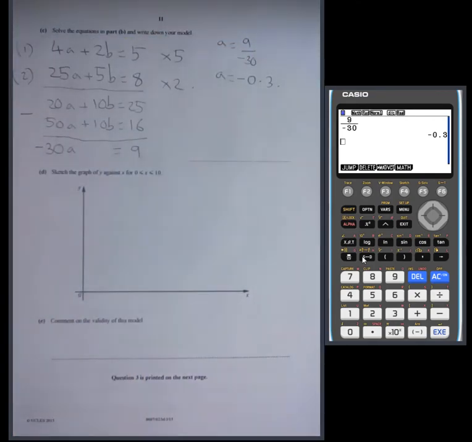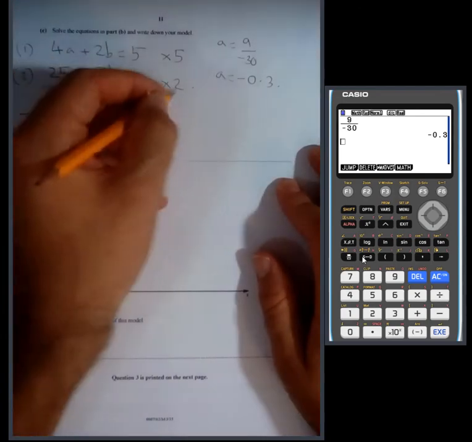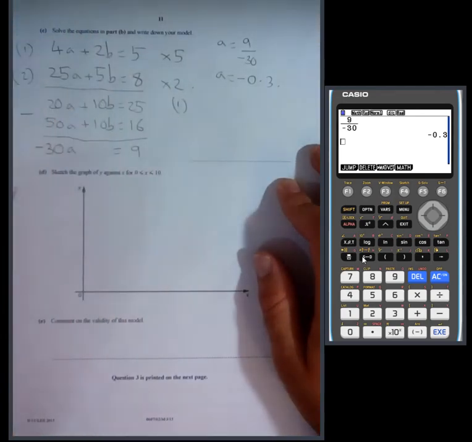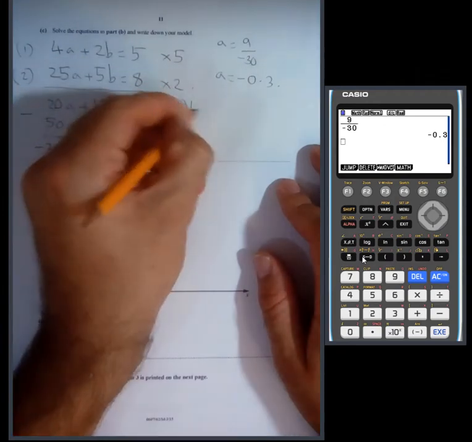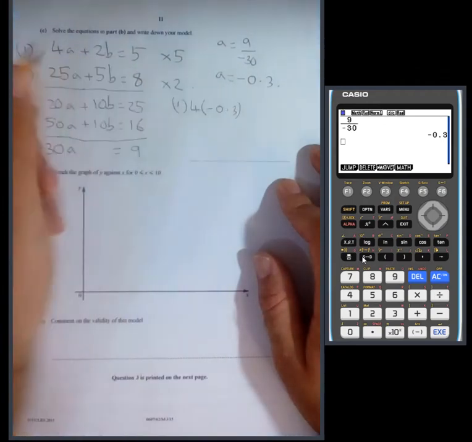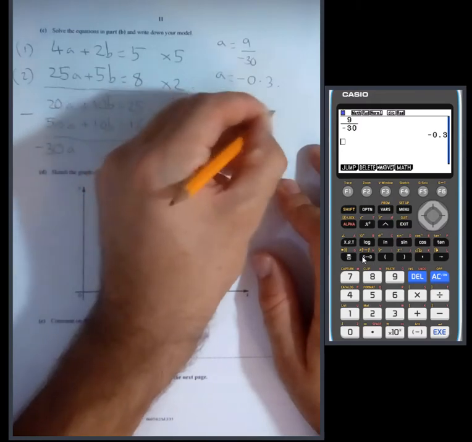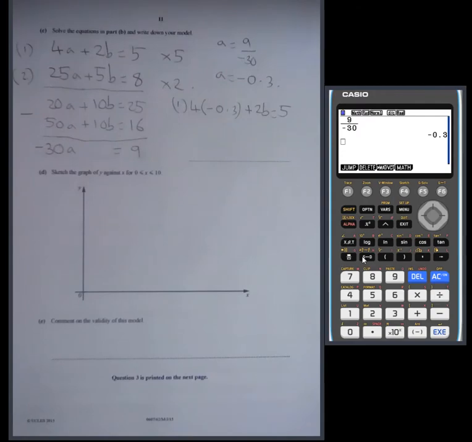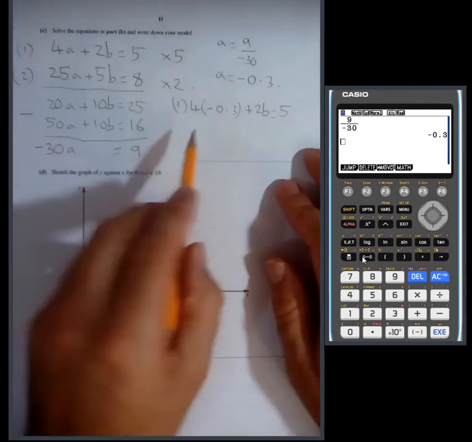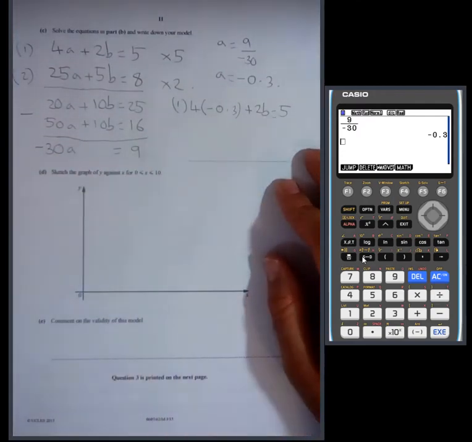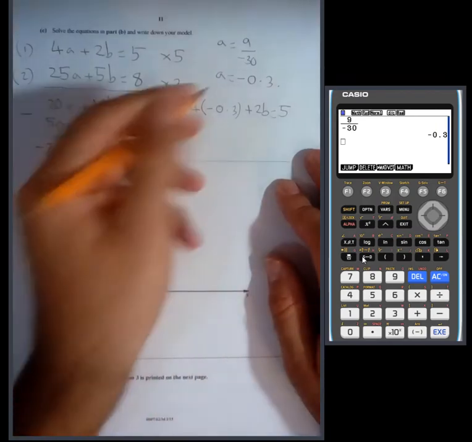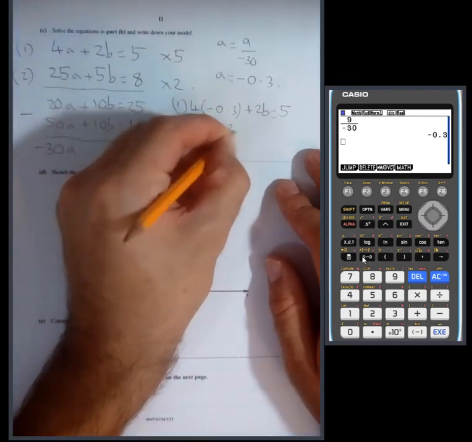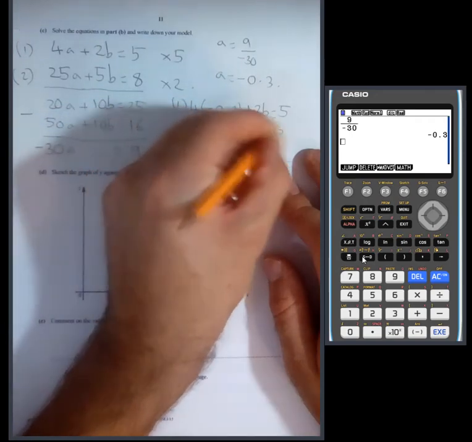Okay, so now to find b, your best bet would be to substitute into whatever looks easiest. So if I go for equation 1, we're going to say, well, 4a, so 4 times minus 0.3 plus 2b equals 5. 4 times minus 0.3, you can use the calculator at any point, but 4 3s are 12, so 4 times 0.3 is 1.2, and it's going to be minus 1.2, so minus 1.2 plus 2b equals 5.